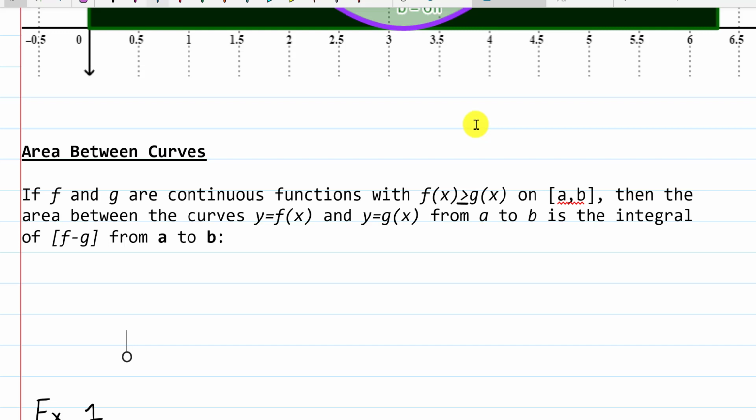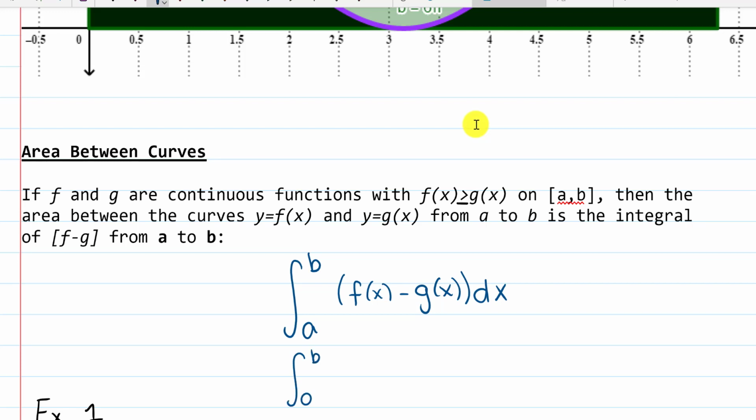And so we write that as the integral from a to b of f of x minus g of x dx. Some people also refer to this as the integral from a to b of the top function minus the bottom function.